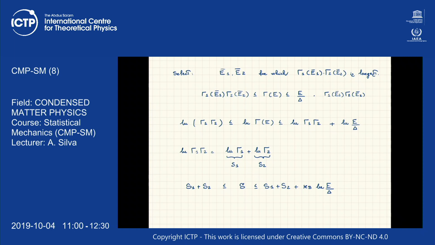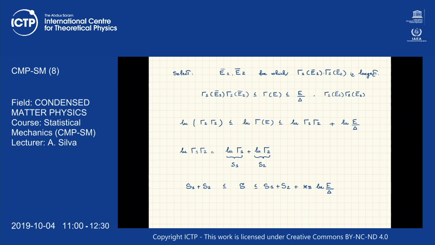But the point is that this is essentially extensive, because I'm summing up two terms that correspond to two different volumes. If you imagine repeating this process for many subvolumes, it will be S1 plus S2 plus S3 plus S4, and so on, proportional to the volume. Energy is an extensive quantity. This term here is proportional to the logarithm of the volume, and therefore is subleading as compared to this one.